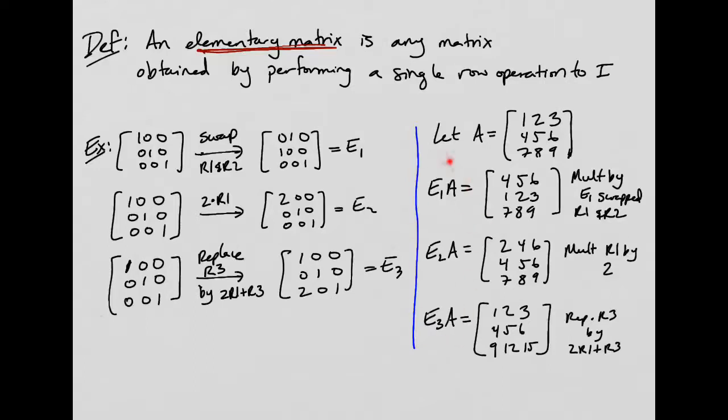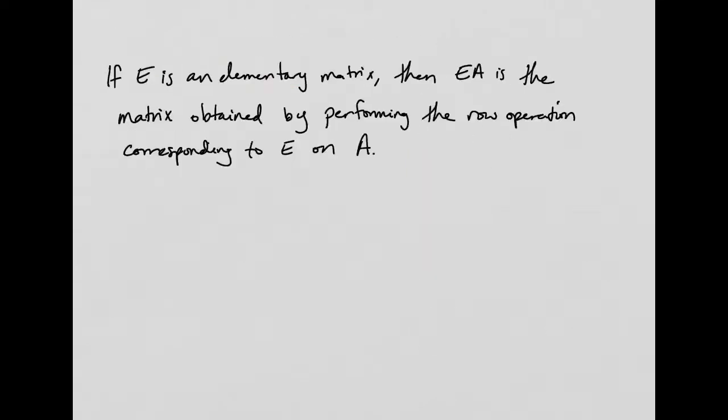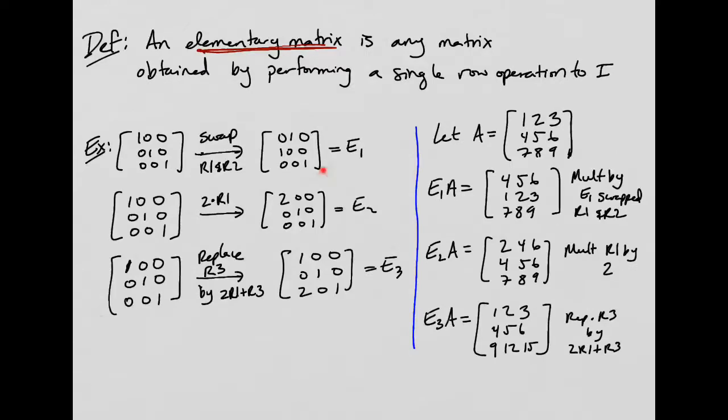So you do these examples and you see that if you multiply on the left side by an elementary matrix, you end up doing one of these simple row operations. And the row operation you do is the row operation used to obtain those elementary matrices. So this is true in general. If you take any elementary matrix, then first off, it corresponds to a row operation. If I go back to this example, this elementary matrix we obtained by doing this row operation.